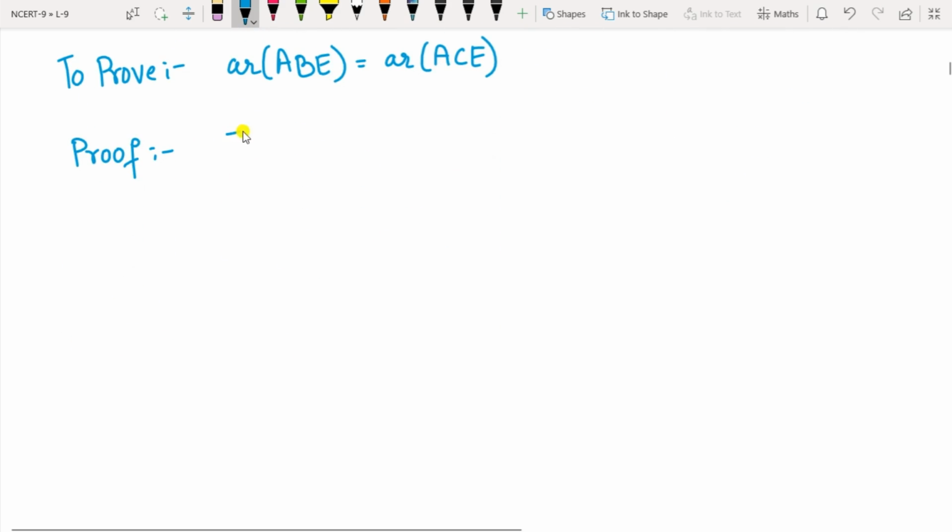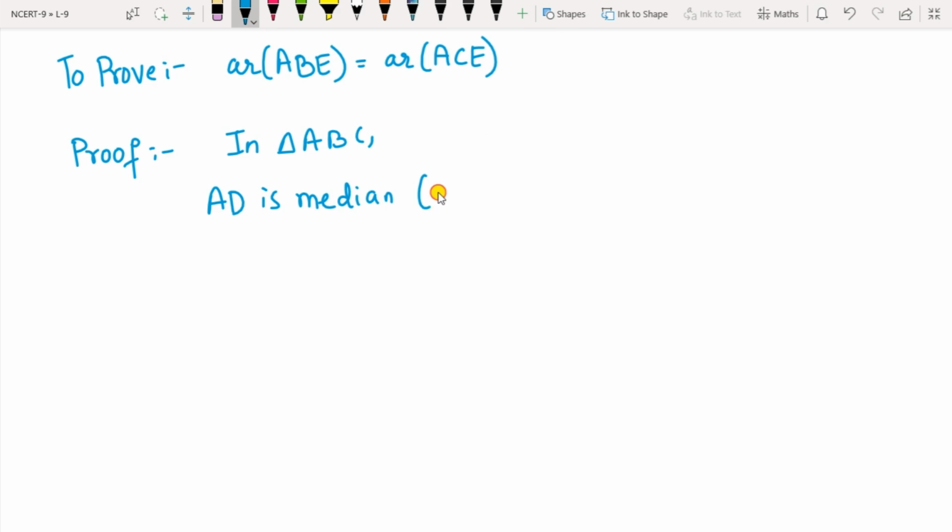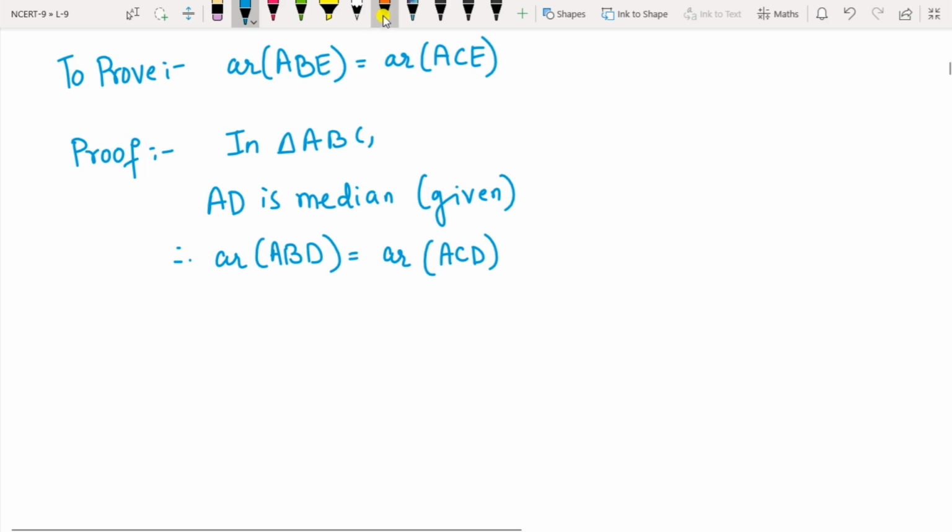We will consider the whole triangle first. In triangle ABC, AD is median, which is given, and therefore area of triangle ABD will be equal to area of triangle ACD. That is your equation number 1. Right?